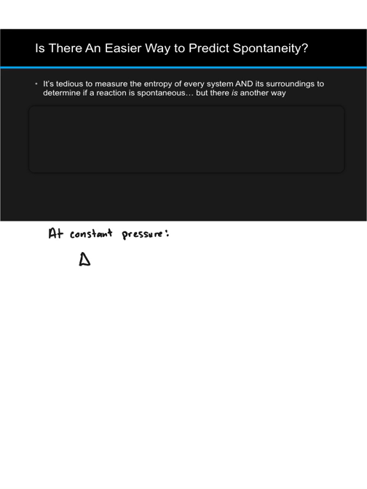We know from the second law of thermodynamics that the change in entropy of the universe is given as the change in entropy for a system that we're interested in, plus the change in entropy for the surroundings of that system. And what's more is that on the previous slide, we saw that the change in entropy for surroundings of a chemical reaction was equal to negative whatever delta H for that reaction, or our system were, divided by temperature.